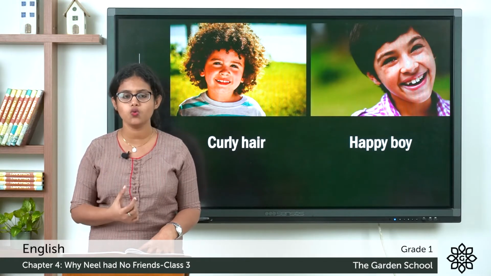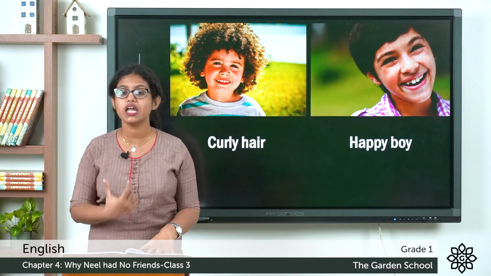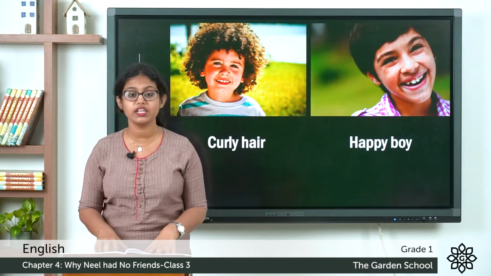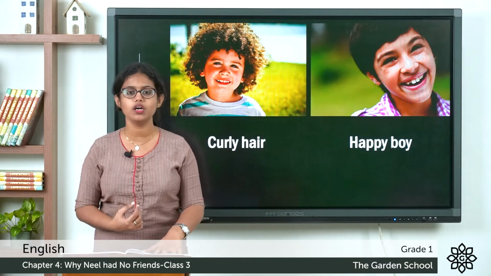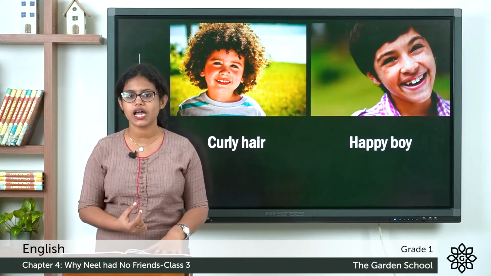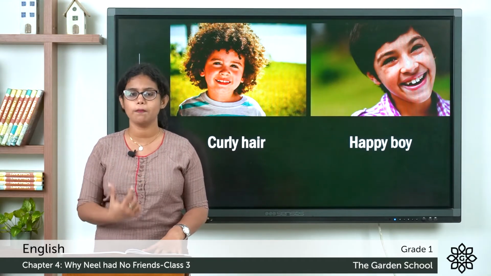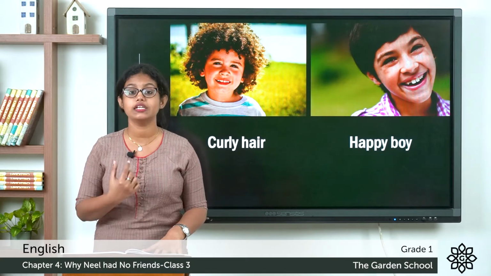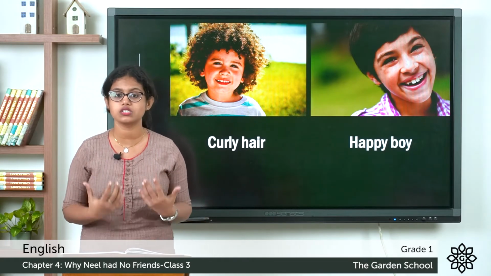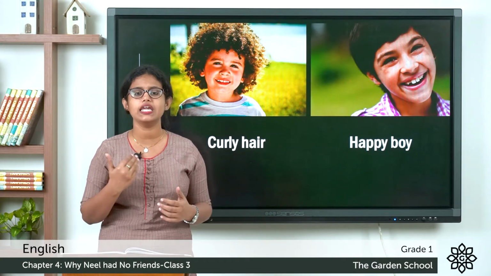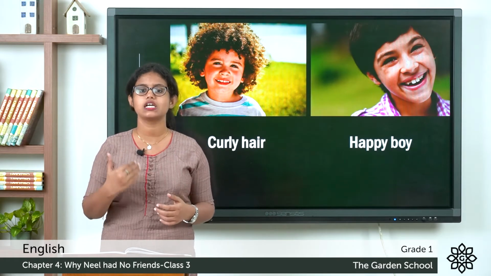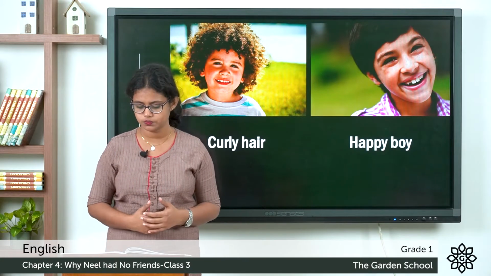So the word round describes the shape of the tray. What about the next one? Red balloon. So balloon is a naming word and the word red describes the color of the balloon. So red is the describing word. So what is a describing word? A word that tells more about a naming word is called a describing word.